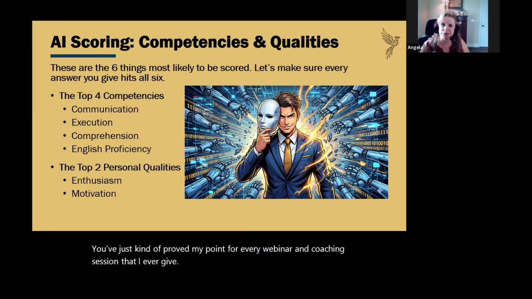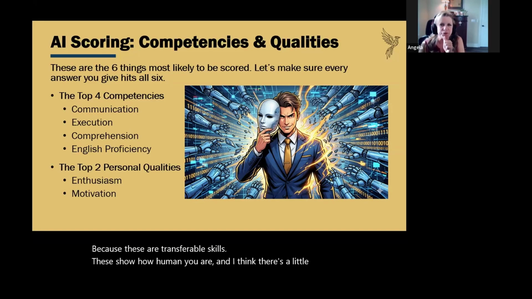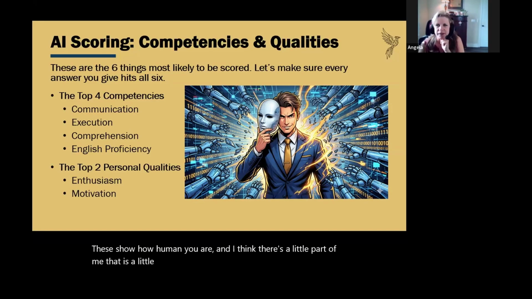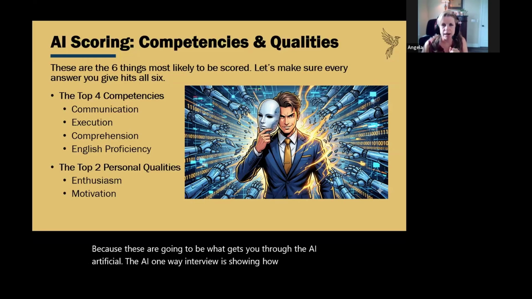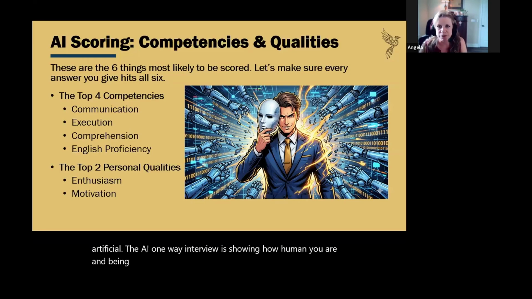These are transferable skills. These show how human you are. And I think there's a little part of me that is a little gleeful that the bot cares about these, because showing how human you are, and being able to show how you interrelate with other humans, is what's going to get you through the AI one-way interview. That's what it's scoring on.